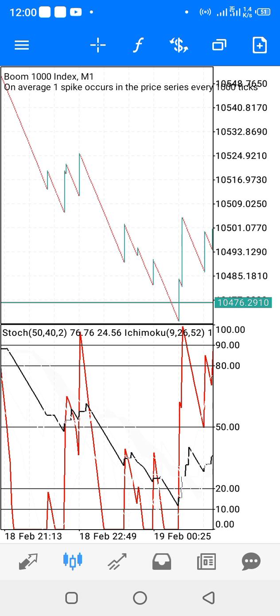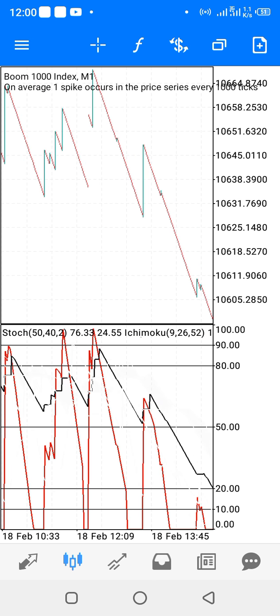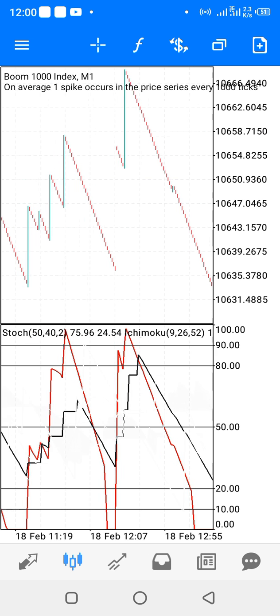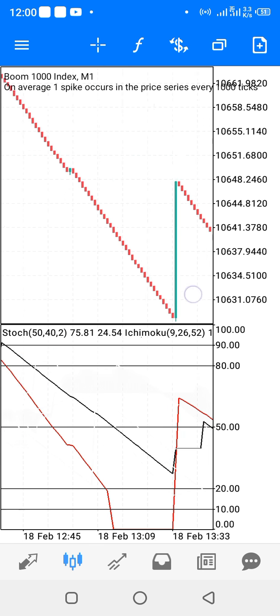The moment you do it, this is how you are going to see it. We have the 90, 80, 50, 20, and then the 10 down here. On this, you could see that any moment the black line crosses the red line up here, that means the market is going to trend down.